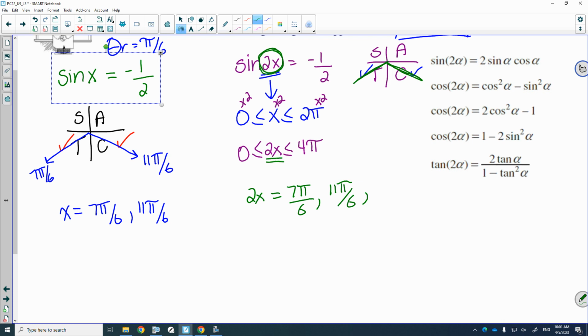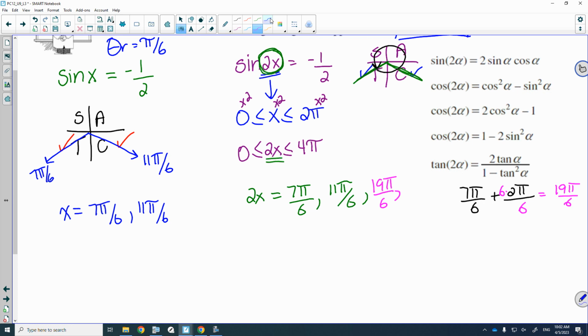I need to go twice around the circle, so that means I need to find what's coterminal with 7 pi over 6. So 7 pi over 6 plus 2 pi. Okay, I need to find what's coterminal with that. So multiply this by 6 and multiply this by 6. That is giving me 12 pi plus 7 pi. That would be 19 pi over 6. So that's a solution.